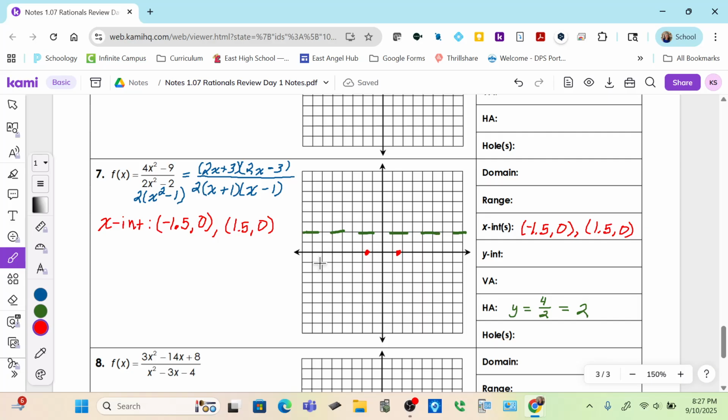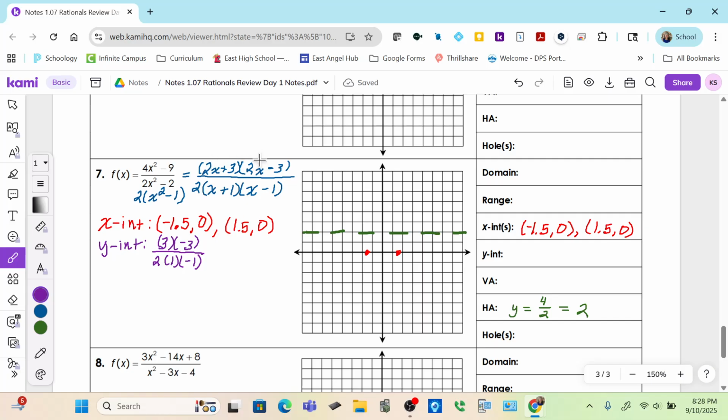The y-intercept happens when we replace all those x's with 0. So for my y-intercept, I'm going to replace all of the x's with 0. So in my numerator, I'm going to be left with 3 times negative 3. My denominator, I'm going to have 2 times 1 times negative 1.